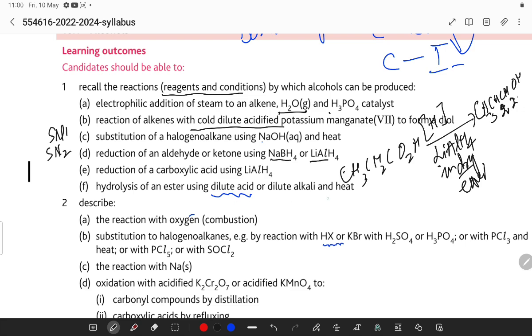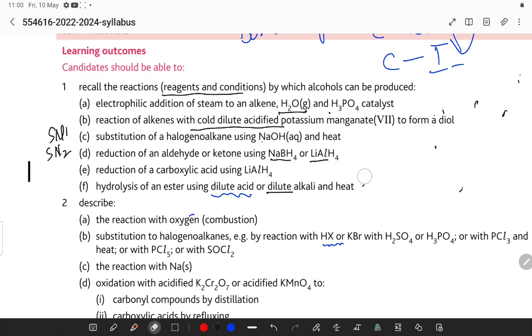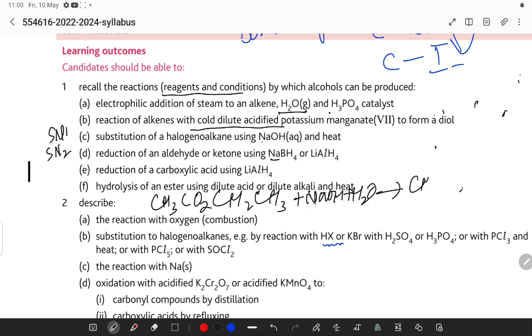Hydrolysis of an ester using dilute acid and dilute alkali. So alcohol is also produced in this reaction. For example, if this is ester CH3 CO2 CH2 CH3, when we use sodium hydroxide plus water, it is CH3 CO2 Na plus ethanol, CH3 CH2 OH.